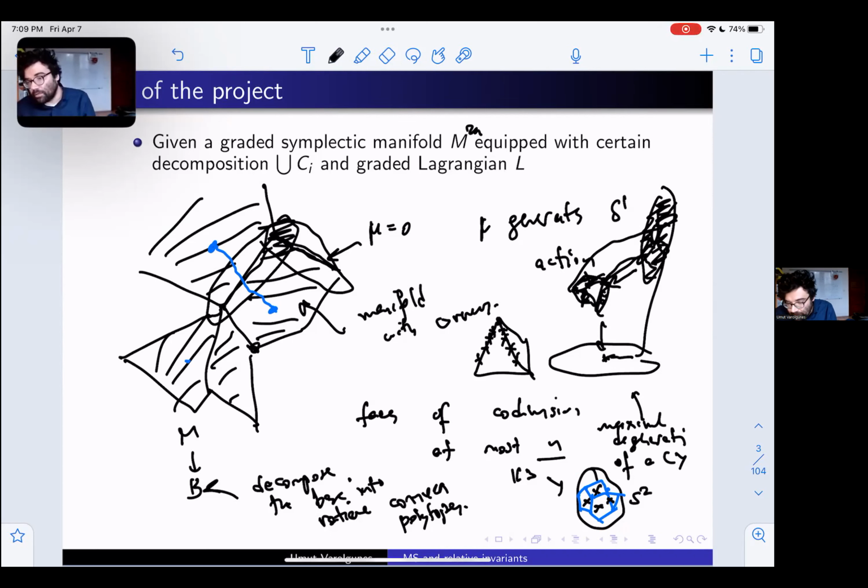Okay, so in that case, I can consider this as one of the pieces in my decomposition, one of the chambers, like this. And this also fits with this kind of degeneration picture. But I'm not going to make the definition include this, though I'm pretty sure it can be included.